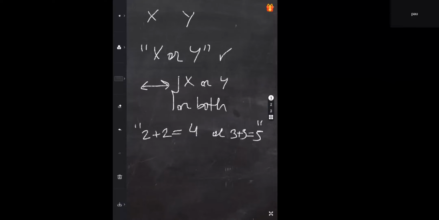So, by the way, let me write it clearly. Or. So, what about this statement? What can you tell me about it? Well, first of all, this is a disjunction. But is this correct? In Tao? Yes, I think it is correct.